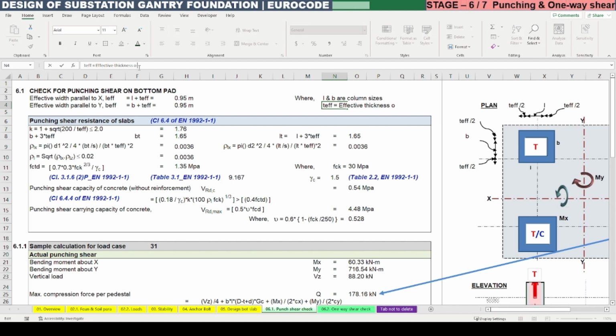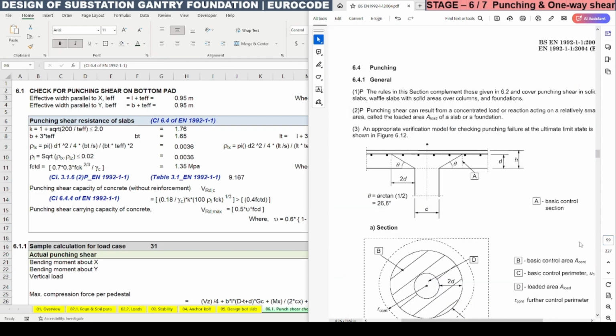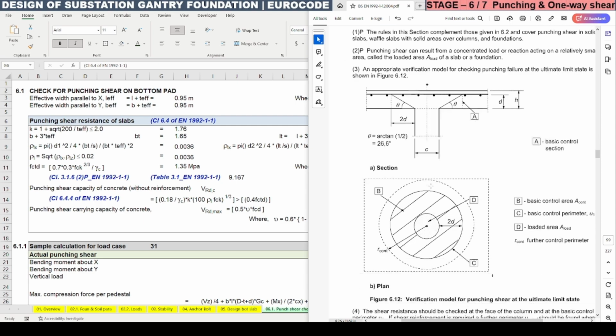Now we need to calculate the punching shear resistance of the slab. For that we need to refer to clause 6.4 of IS EN 1992 part 1 section 1. On the screen you can see that code. In that, page number 99 explains the punching shear methods to be adopted.